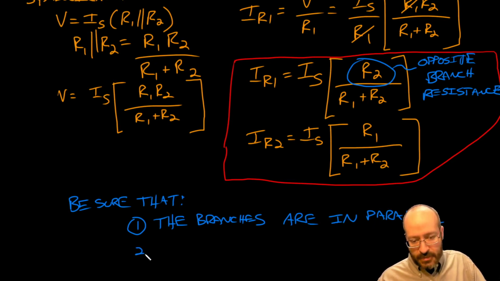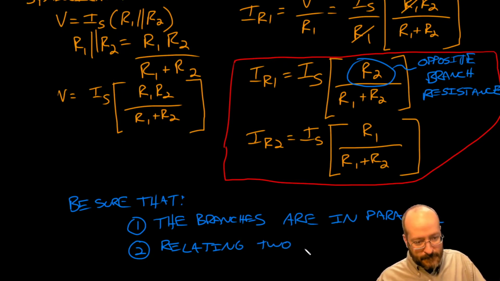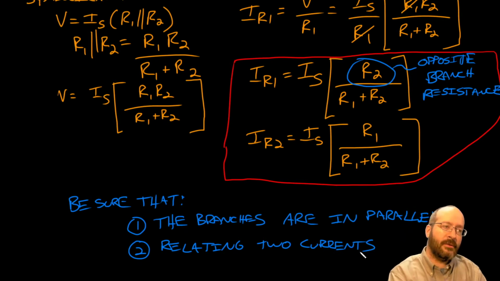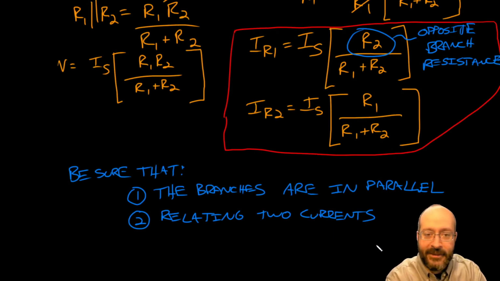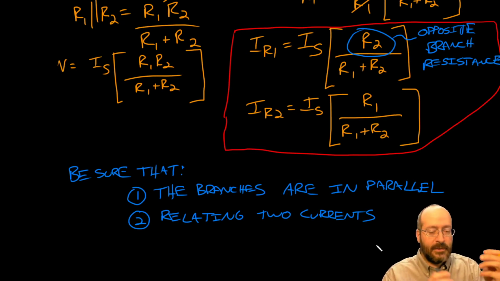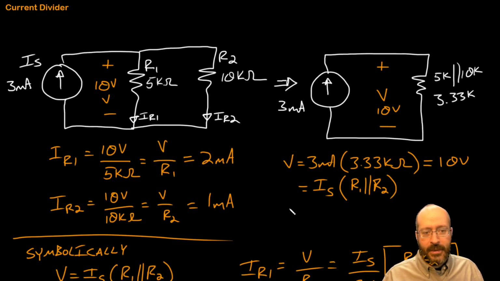Okay, the second thing we want to be sure of is that we are relating two currents. And you know, if you're trying to get a voltage out of it, you got to do some other type of analysis. Don't use the current divider in that case. So we kind of have these same gut checks. Is it a current going in and a current going out? Yes or no? And are the branches in fact in parallel? Up here we can see that that is in fact the case.